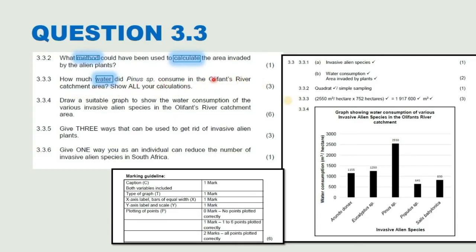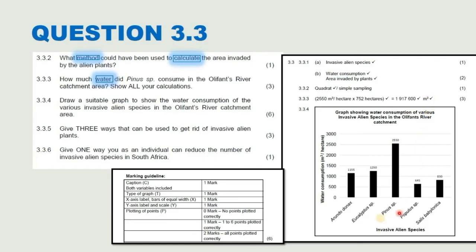Show all calculations. What they did over here was 2,550 cubic meters per hectare times 750 hectares, and that gives you the total. You get 1 mark for multiplying the two values, 1 mark for your answer, and 1 mark for your unit.